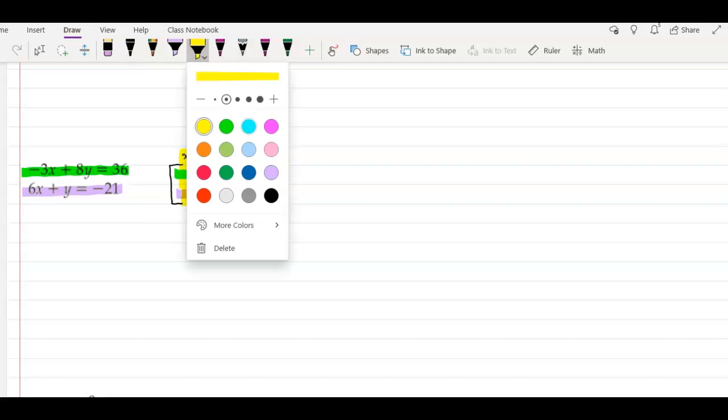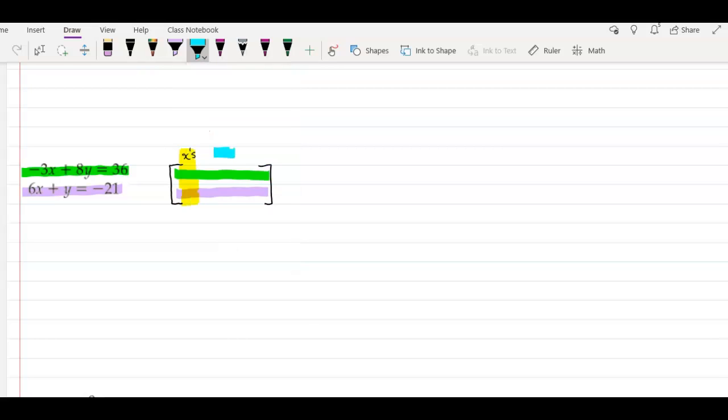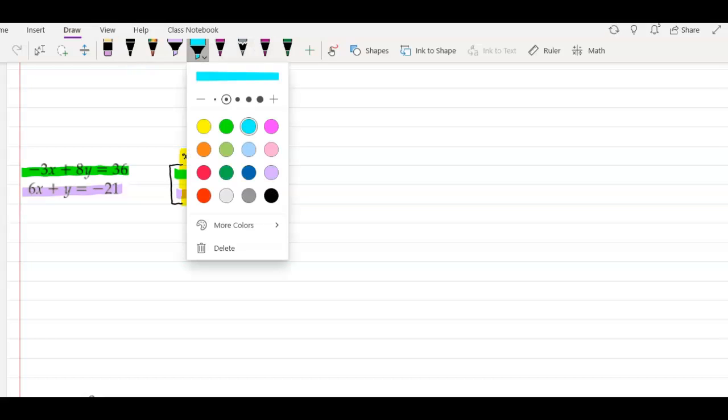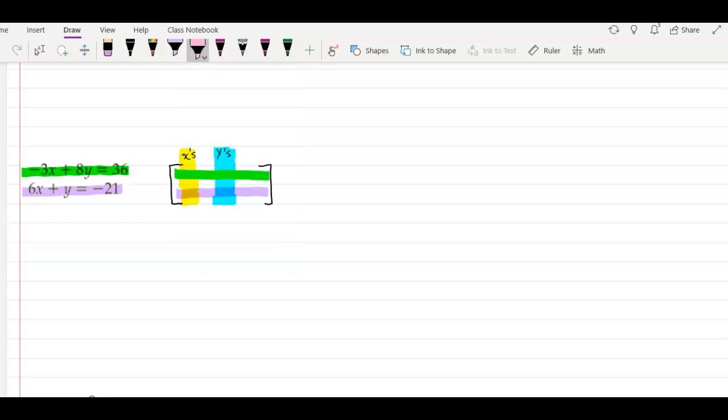My next column is going to be my y's. And my third column is going to be my constants, or the numbers that don't have variables.